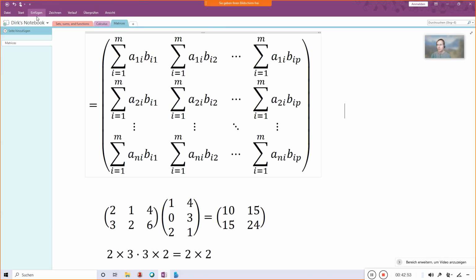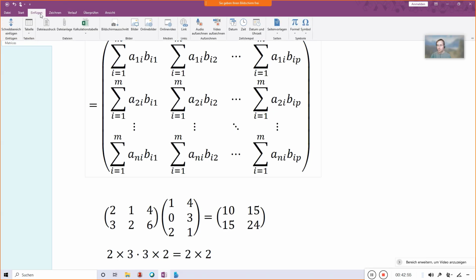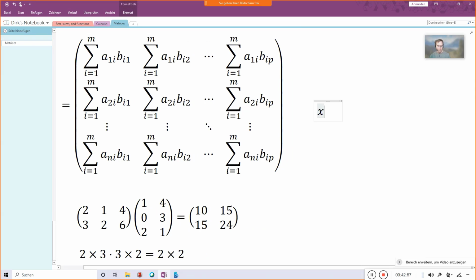So let me remind you of that, that we saw something like this, for p values of beta, and then for i going from 1 to n.